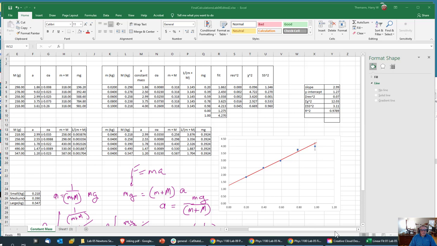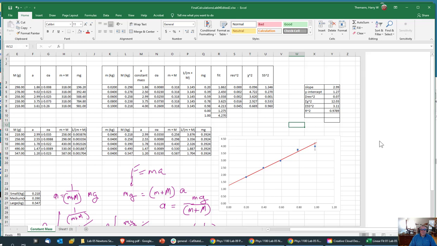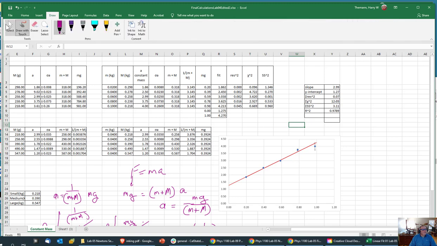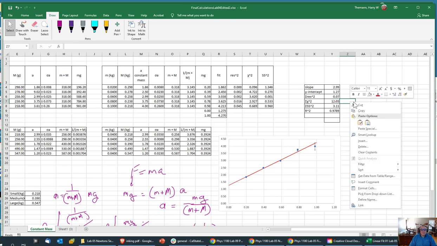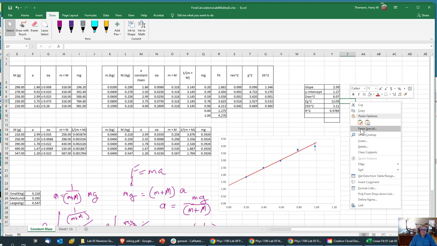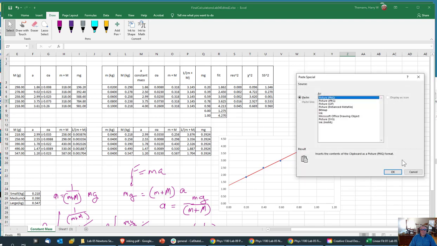So we need to get the plus minus on the slope. So we need the sum of the chi-square, which is here. And we need to copy that and paste its value. Paste special. Well, that's weird.